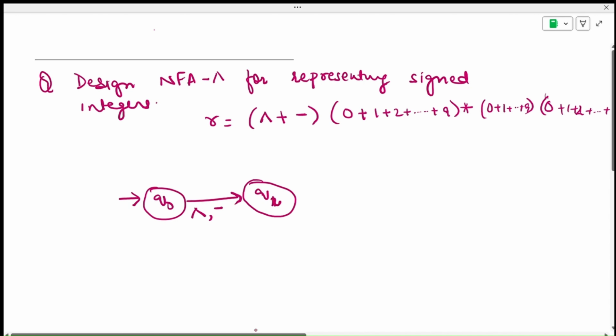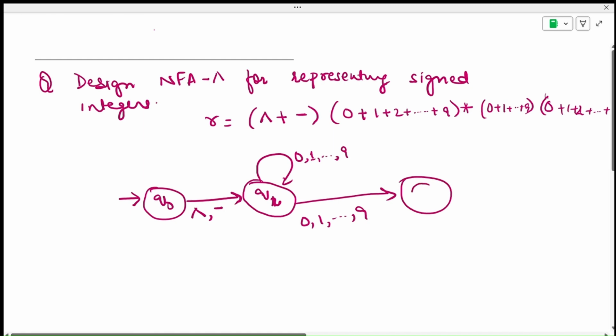On Q1 read any digit 0, 1 to 9, and from Q1 to Q2 0, 1 to 9, reaching this state, let's say Q3, Q2, and make it the final state. We can have any number following this number. So this is the example of a signed integer.